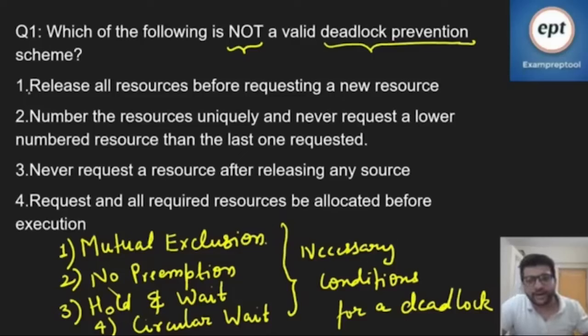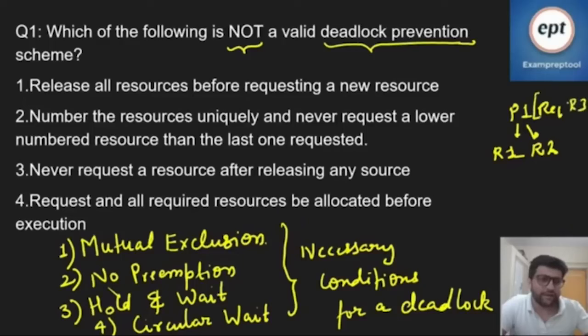The first option says: release all the resources before requesting a new resource. Let's say we have a process P1 and it is holding resource R1 and resource R2, and it wants a resource R3.